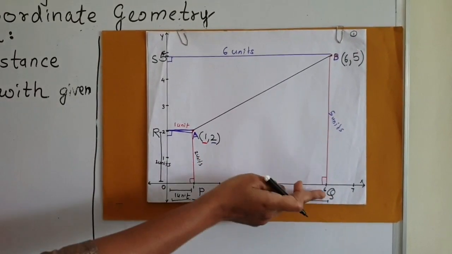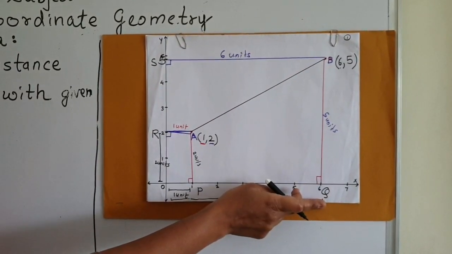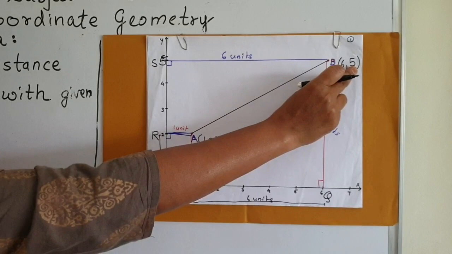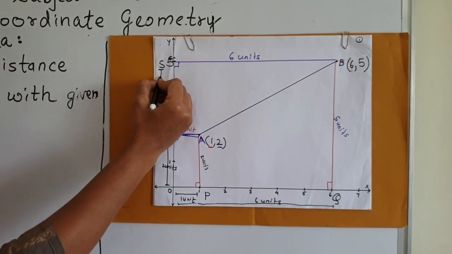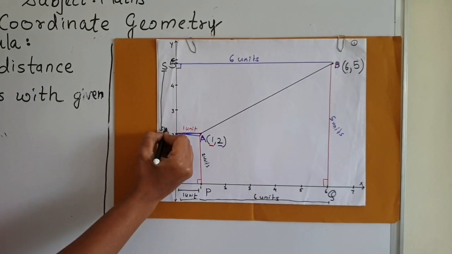And as this BQ is 5 units vertical distance, which is y coordinate. So here from O to S, it gives us total 5 units.